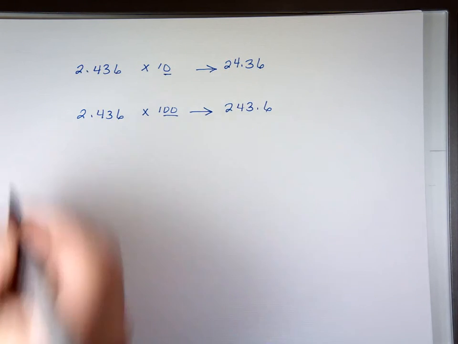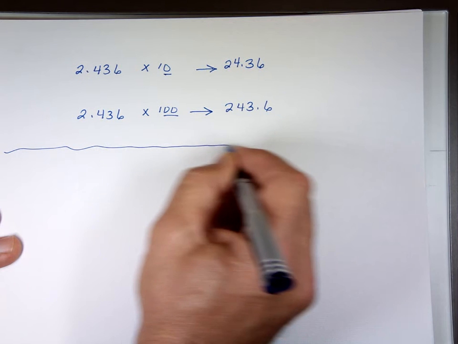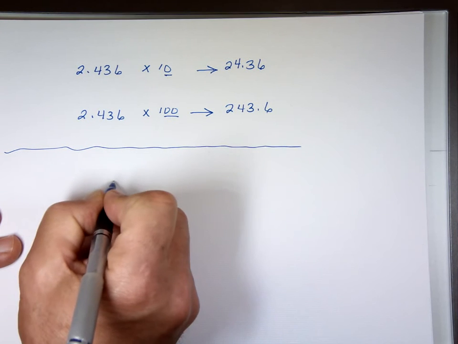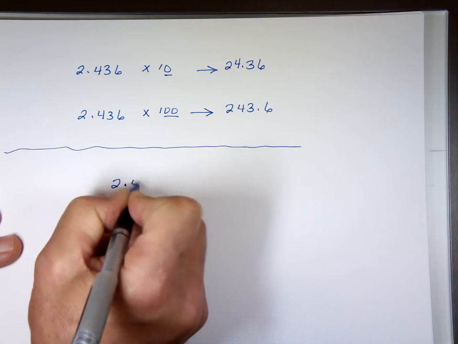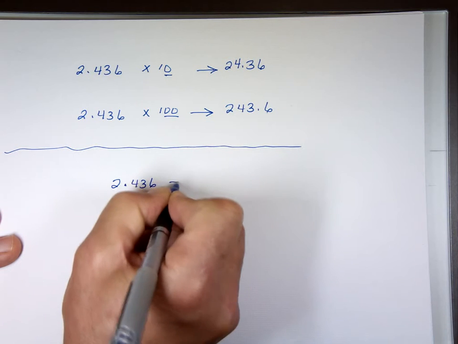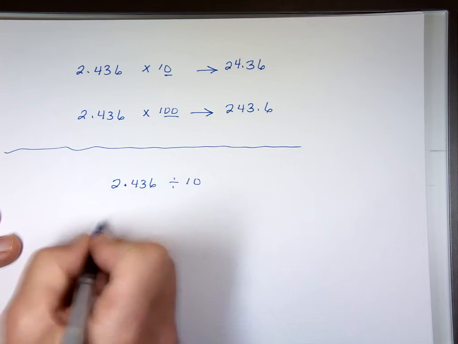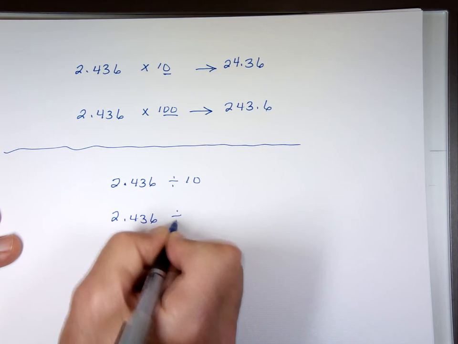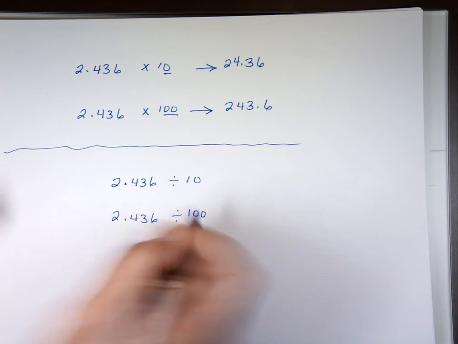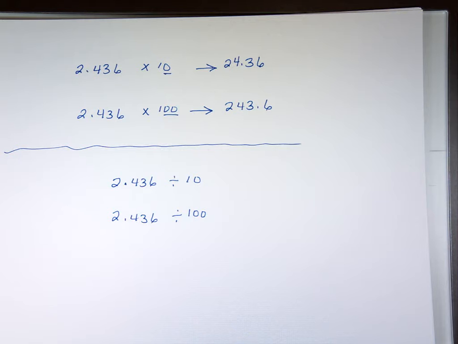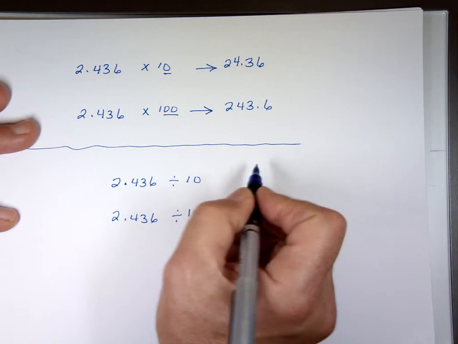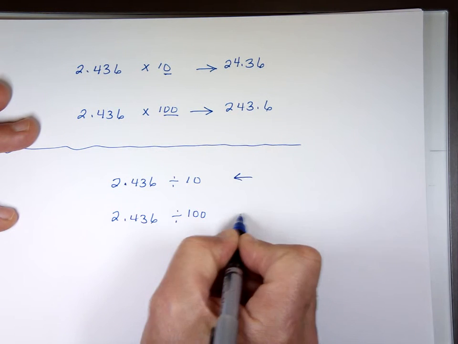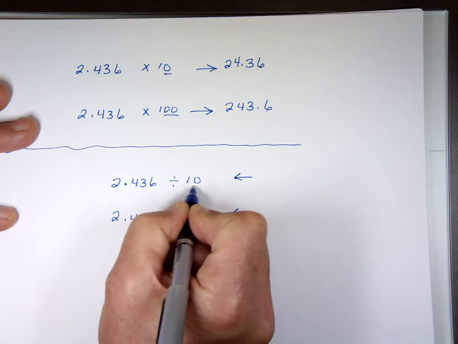So what about dividing then? 2.436, you want to divide that by 10. Or 2.436, you want to divide that by 100. These are shortcuts. I didn't see them in the book. You can move the decimal point to the left now instead of to the right. How many zeros do you have here? 1.